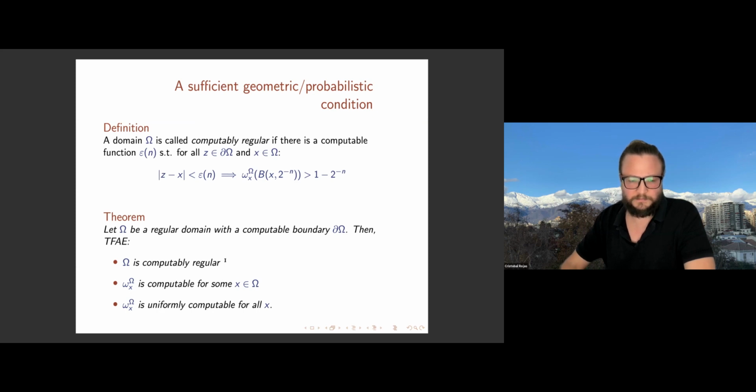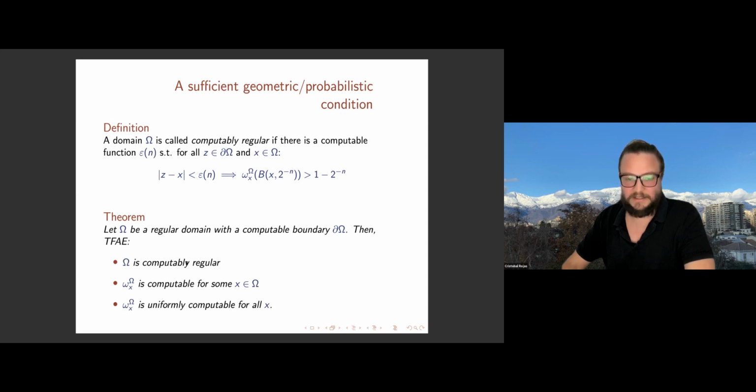And actually, if we do not assume that the set is computable, only assume it is regular, but we assume that it's actually computably regular, then there is another theorem, I didn't write it here, which actually says that in that case, being computable at some point is equivalent to being uniformly computable at all points.